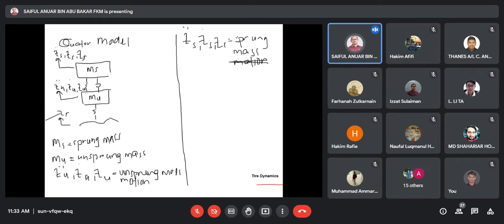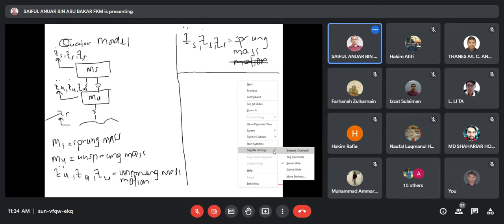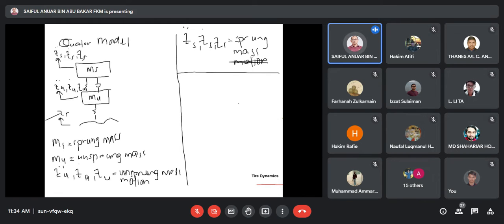Now it's time for us to derive the equation of motion. First we look at the equation of motion for the sprung mass.